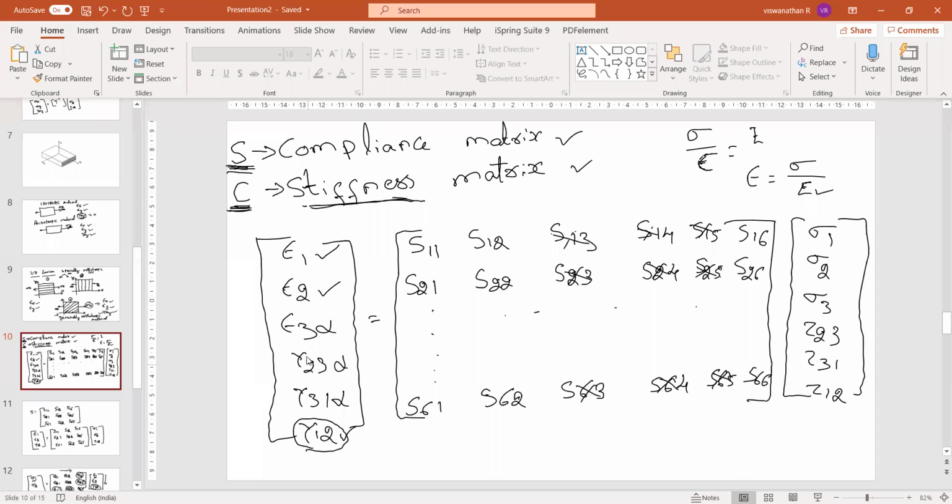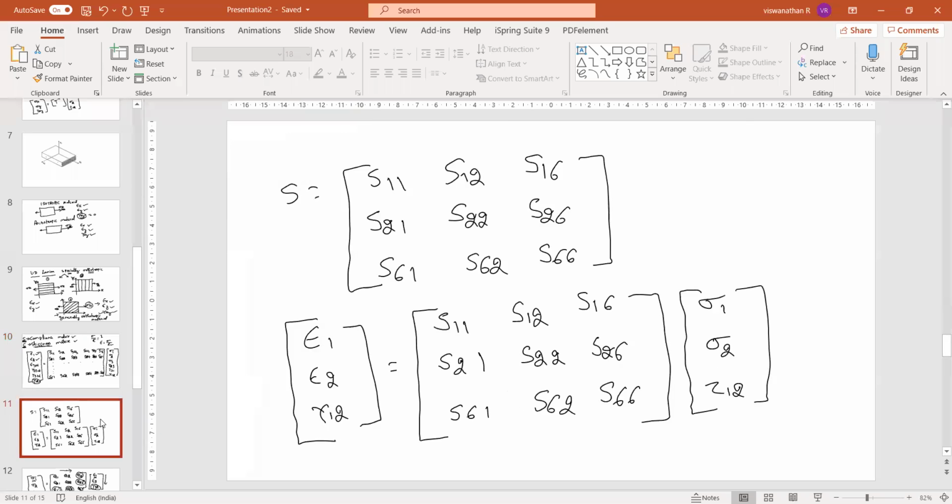Then we discussed this 3D matrix, where we said gamma 12 should always come last, that is, in the 6th row. And then we discussed what a compliance matrix is: epsilon 1, epsilon 2, gamma 12 is equal to the compliance matrix multiplied by the stress matrix.